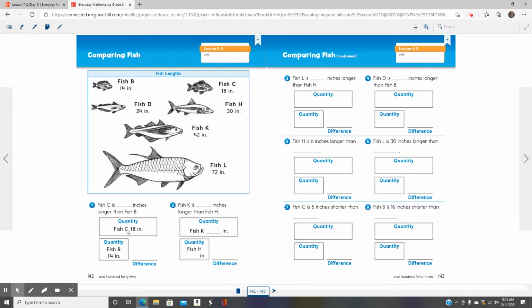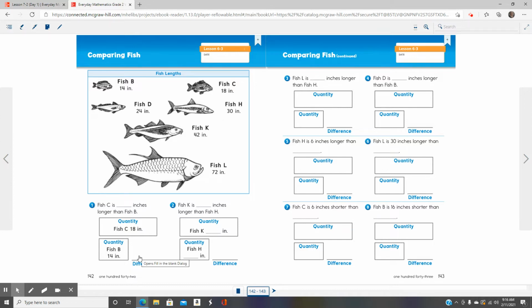So now we are going to subtract 14 from 18. You can write that down on a piece of paper or in the margin of your book and do it old school, or you could do it in your head. I'm going to do it in my head. I know if I count up from 14 to 18, so 14, 15, 16, 17, 18, I counted 4 times on my fingers.